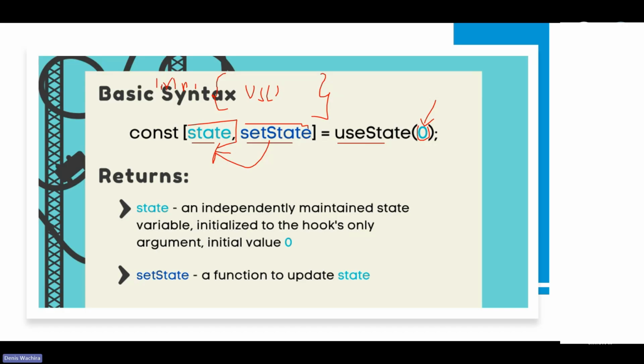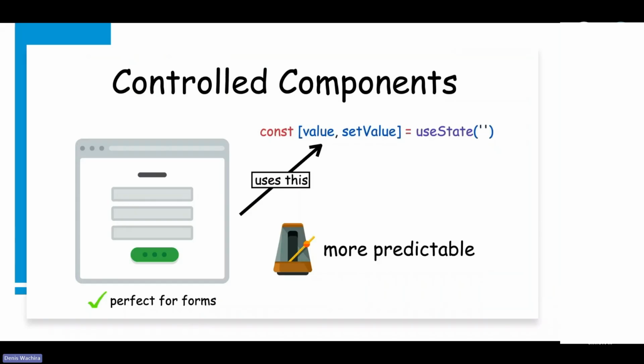Then the next thing we want to do. The importance of useState is that it gives you controlled state. You can control whatever you are working on, especially when working with a form. You want each form input, like the first name, to be controlled by these useState values.